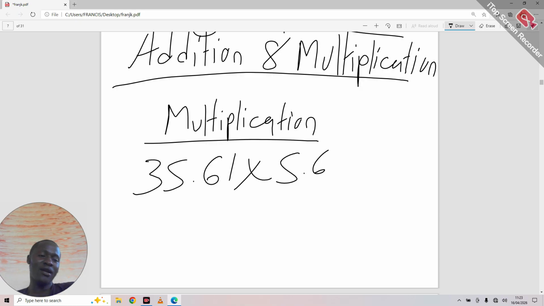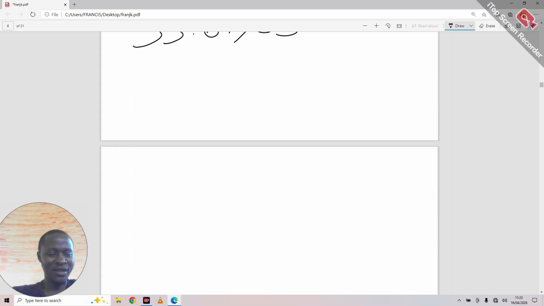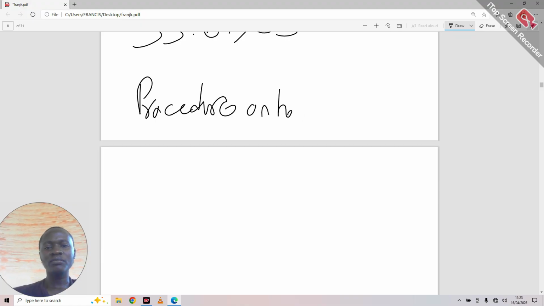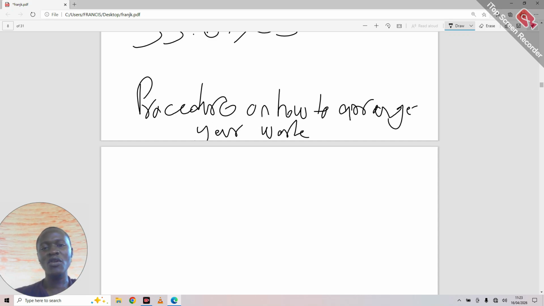That neat work sometimes impresses some examiners, and they will just give you marks. So let me give you that trick: the procedure on how to arrange your work.